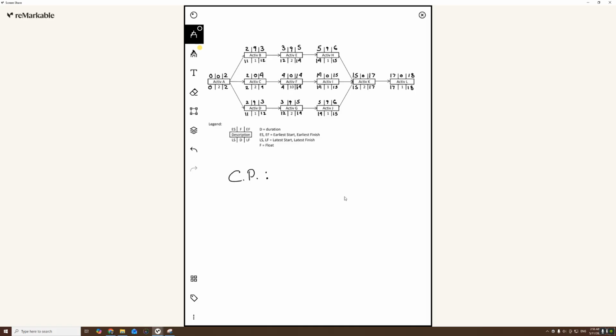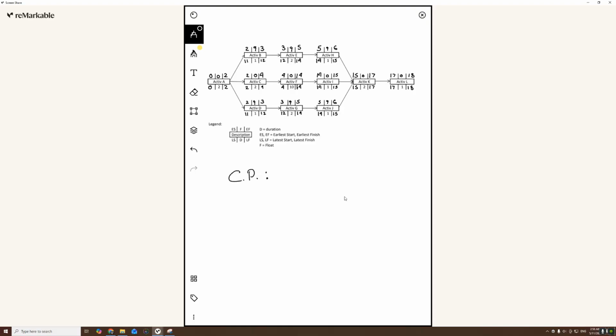And this path is the path of the longest duration. It will be the longest duration path of the project. What else is true about this path is that there is no item in this path that can be delayed whatsoever.